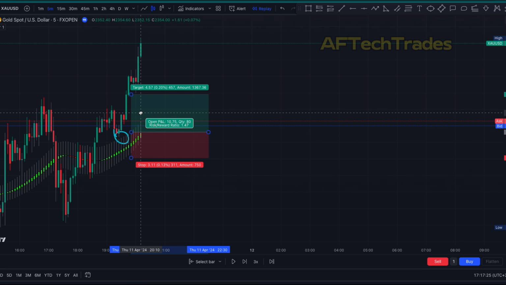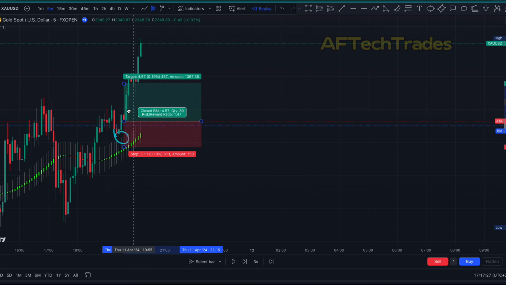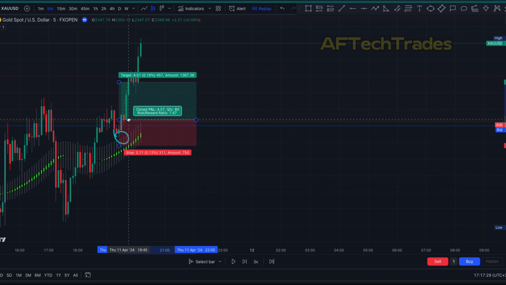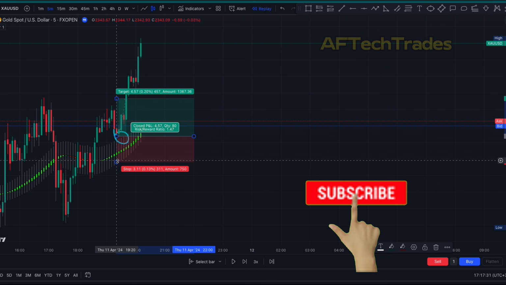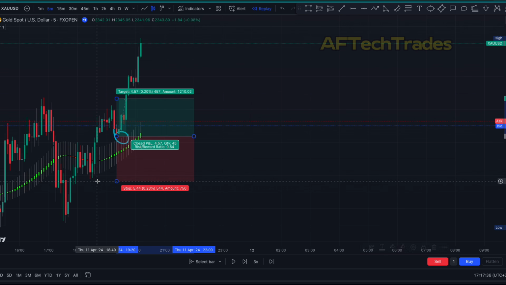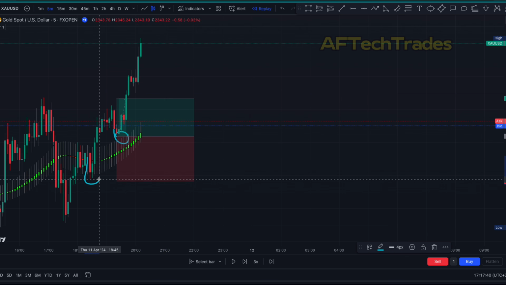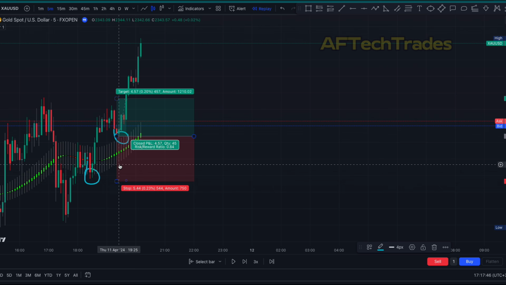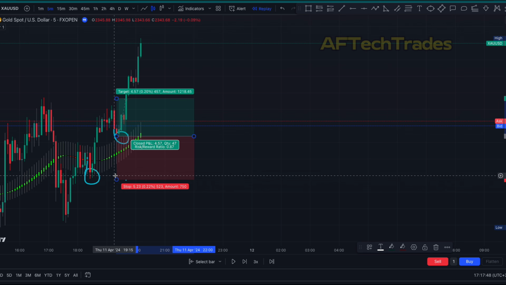You can use this side as your most recent swing low, or you can decide to use this particular candle. Let me mark it for you to see. This particular swing low, you can use it as your most recent swing low. So our stop loss will be there.